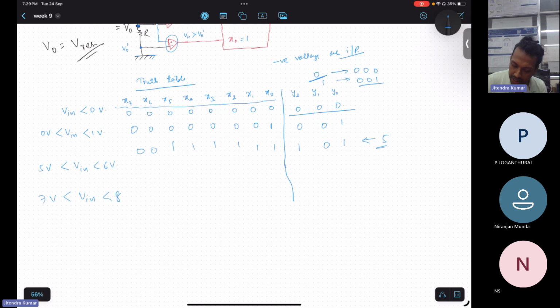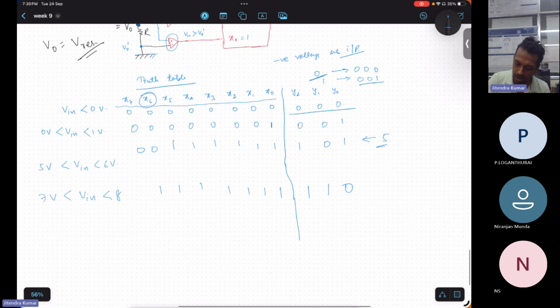If it is higher than 7, we have to make 1 till 7 bits, and it is coming at X6. So how do we write X6? 1, 1, 0. So this last bit will be 0. Are you getting the idea behind it?